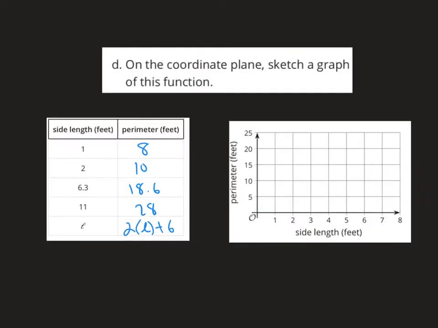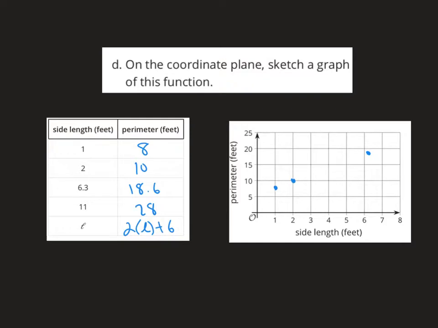And again, we're going to draw a picture of this. So we're going to go for 1, 8, 2, 10, 6.3, 18.6. So 6.3, 18.6, kind of, I don't know, ish. And we're going to draw a line. And what does that line look like?